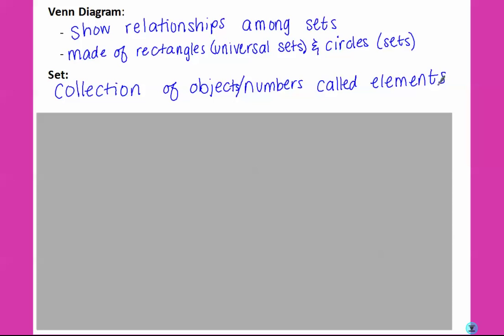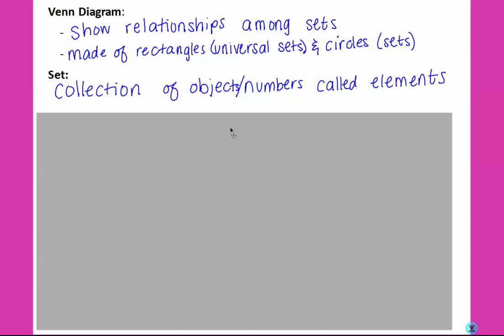So the biggest set would be the universal set. Those are represented by rectangles. Within those rectangles, we'll have circles, which are smaller sets. And then inside those sets, we have elements, which are the objects or numbers that fit into those sets.